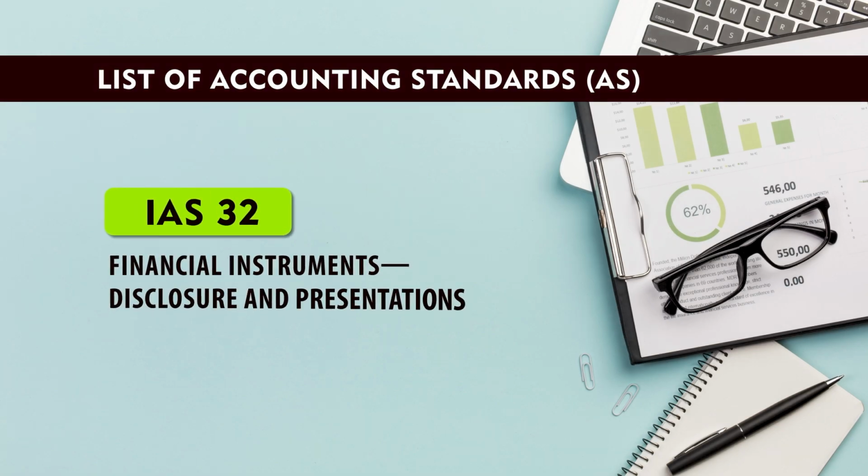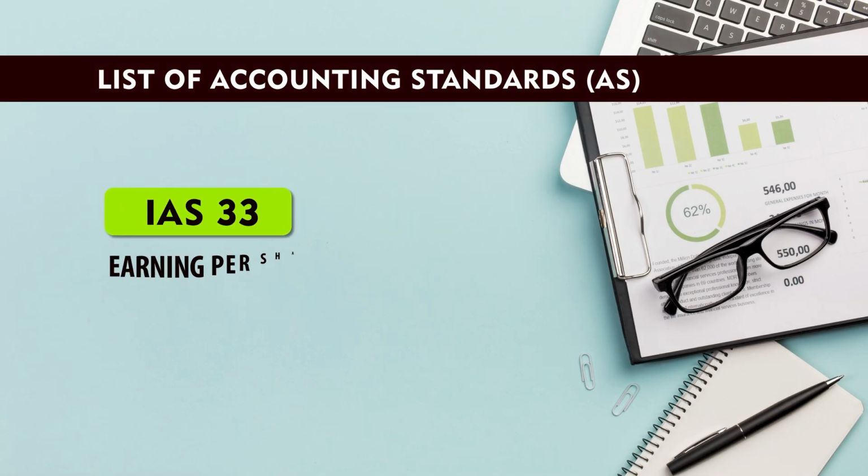Then the next one is IAS 32. So IAS 32 stands for financial instruments, disclosure and presentation. Then the next one is IAS 33, that is EPS. It is also called earnings per share.